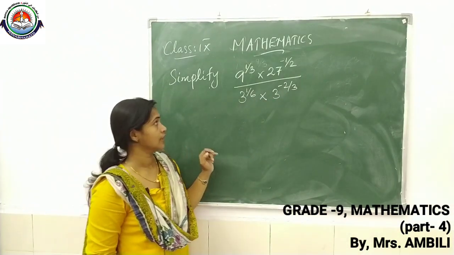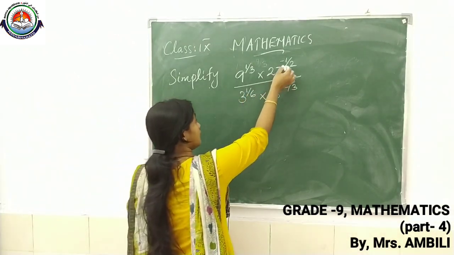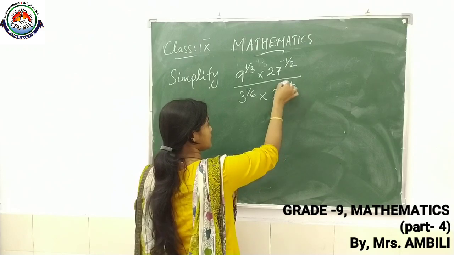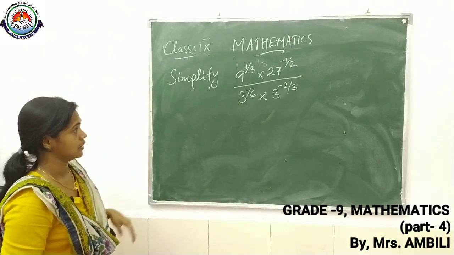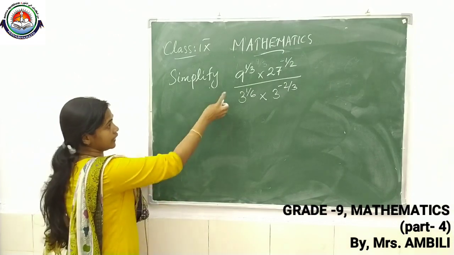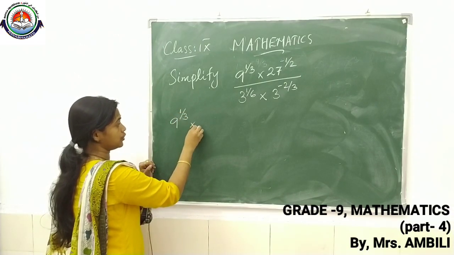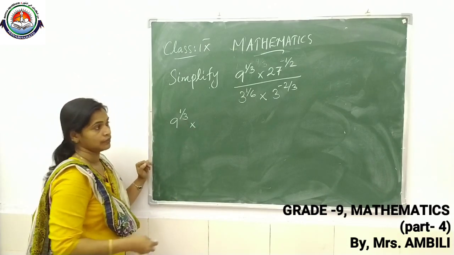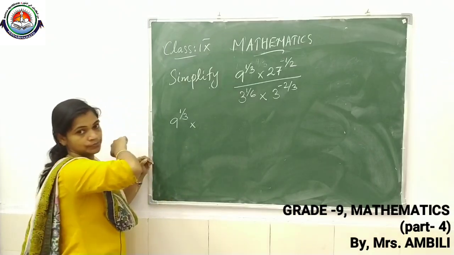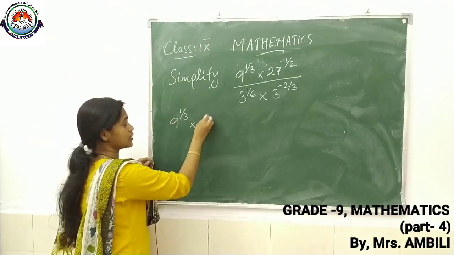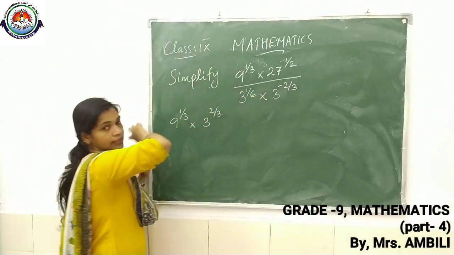Okay. Now, let us start. Here you look, 27 raised to minus 1 by 2 and 3 raised to minus 2 by 3 is there. Just we can change that. So, listen, we can write that one. 9 raised to 1 by 3 into, we are taking this 3 raised to minus 2 by 3 up.